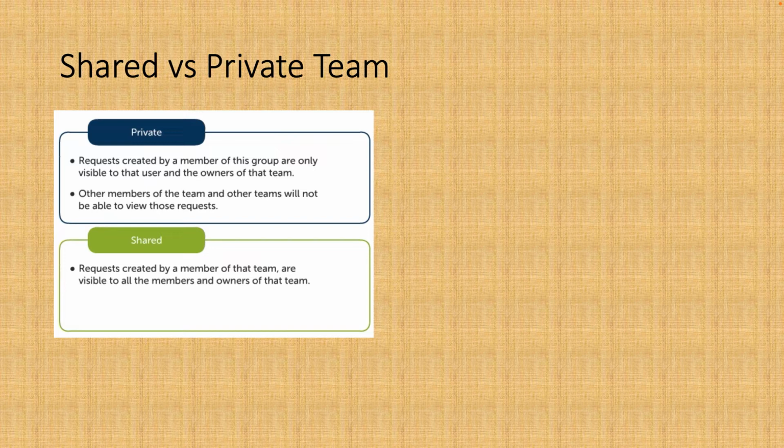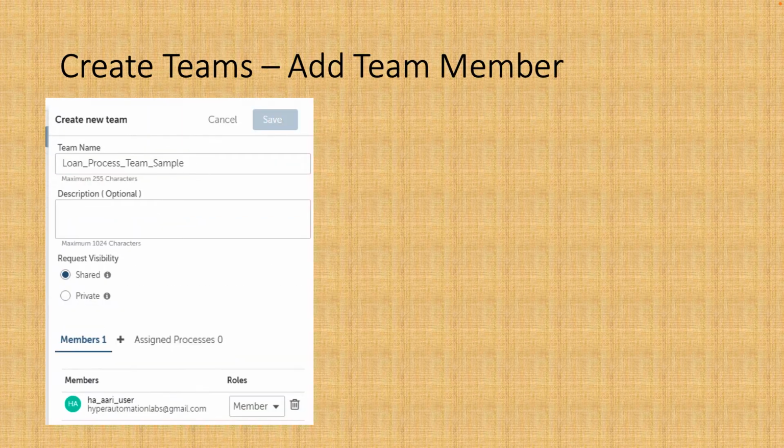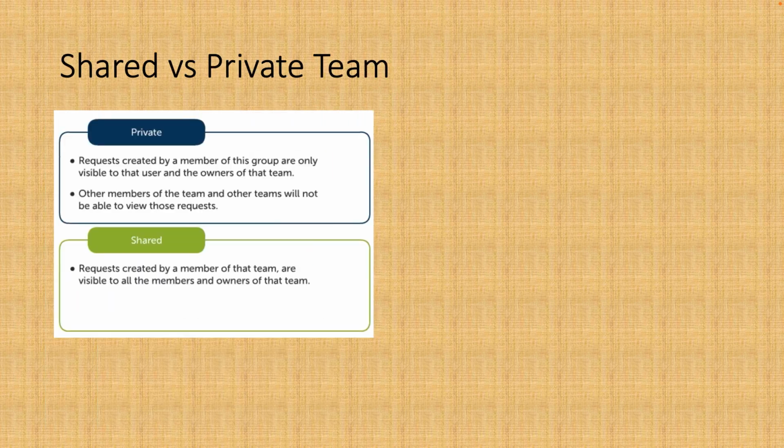Let's discuss the shared and private team first. So if you go back, you see this request visibility, shared and private. If you select shared, what this means is that if a member creates a request, then that request can be seen by the other people in the team, and other teams can also see the request, if it's shared.